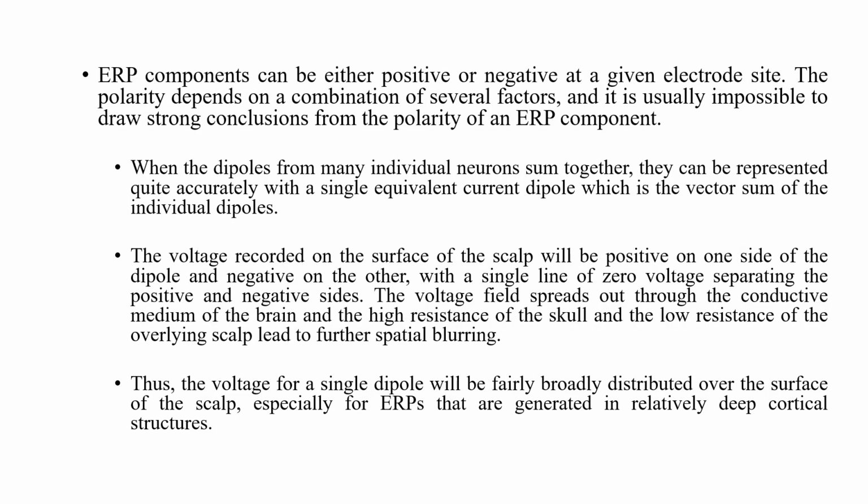Now, ERP components can be either positive or negative at a given electrode site. The polarity depends on a combination of factors. It is usually impossible to draw conclusions from the polarity of an ERP component. So, you cannot make a lot of sense of whether a particular component is negative, such as the N400 component, which comes in reaction to sentences like 'he spread his bed with warm socks'. When there is a semantic anomaly, this negative N400 component comes in.